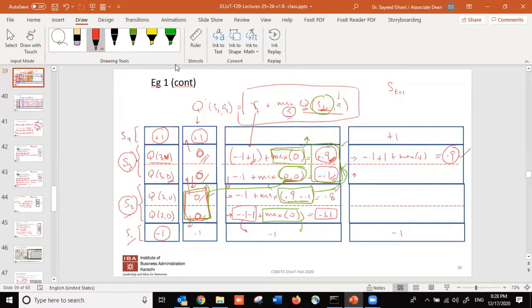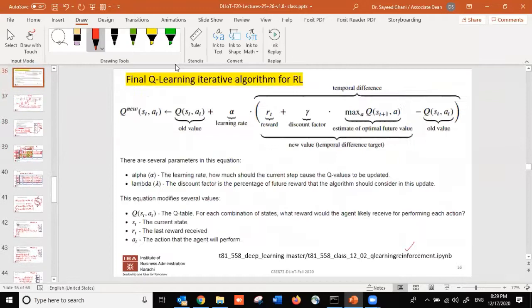What would Q3D be? Minus 0.1 plus maximum of 0.8 and minus 1.1. And this would be 0.7. So now you can see we basically got the same results that we had earlier.